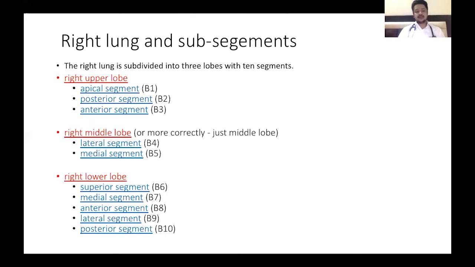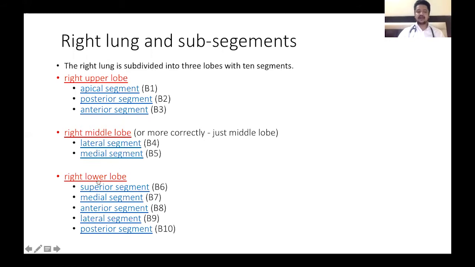After the lobes, we have subsegments. In the right lung there are 10 subsegments, and in the left lung there are 9. In the right upper lobe, we have three segments: apical, posterior, and anterior. In the right middle lobe, we have two segments: medial and lateral.